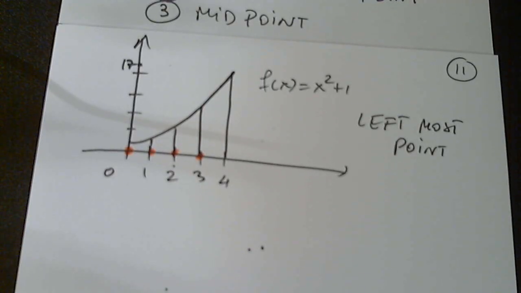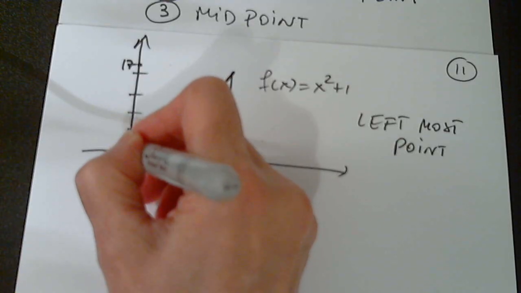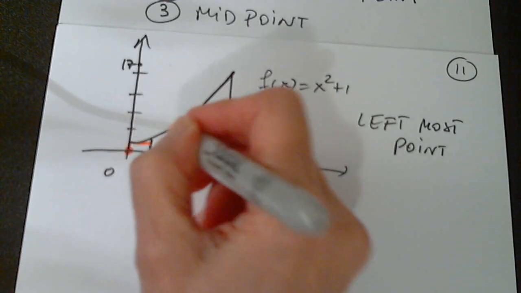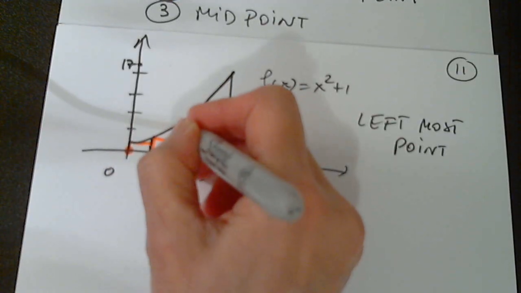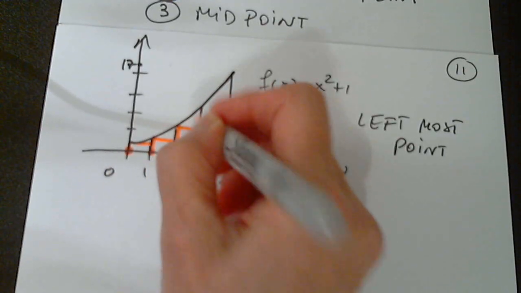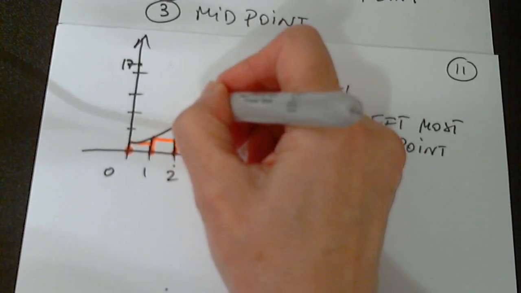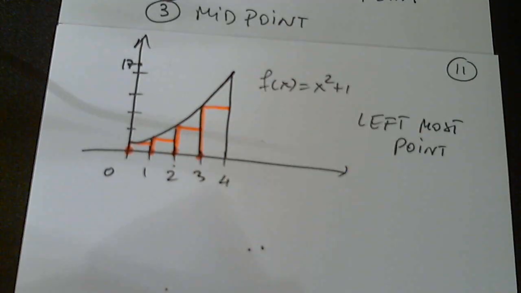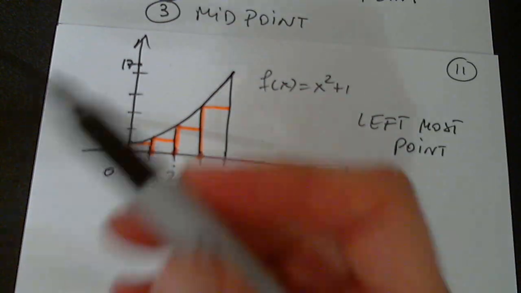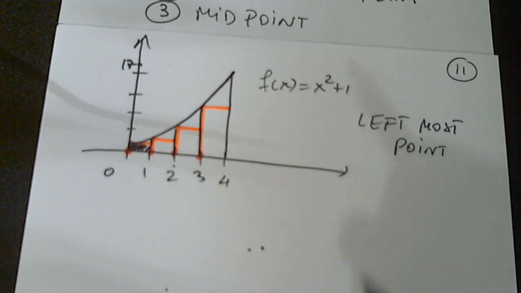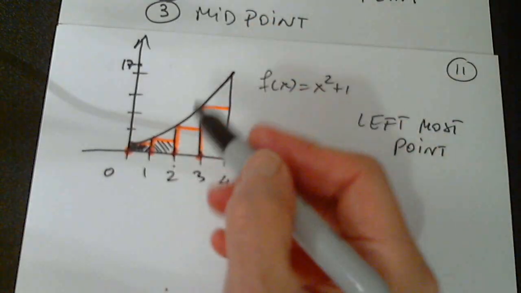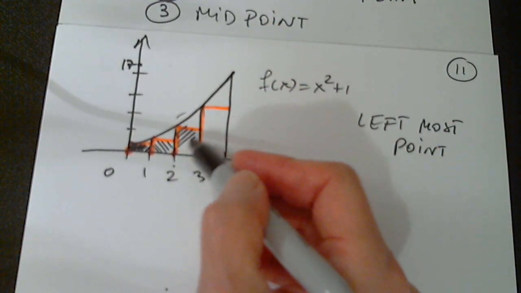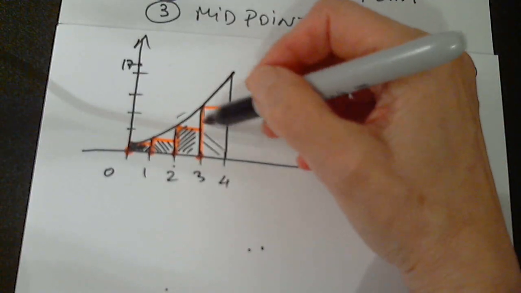I'm going to create rectangles, with this height as the leftmost point, and then this height, and this height, and this height, each using the leftmost point. What does this mean? So the first area will be estimated by this. The second piece will be estimated by this area. The third one will be estimated by this, and the last one by this.